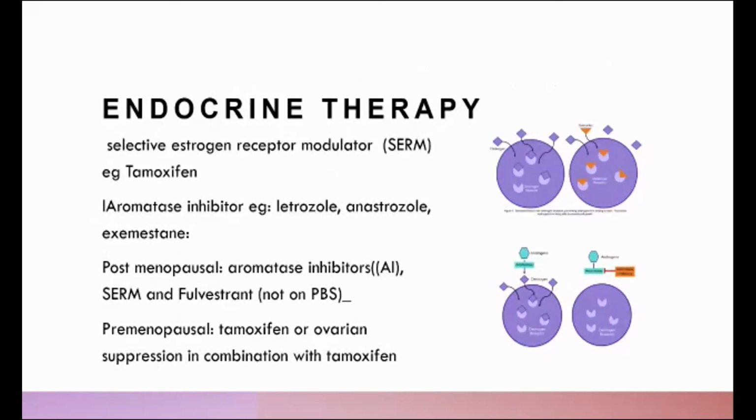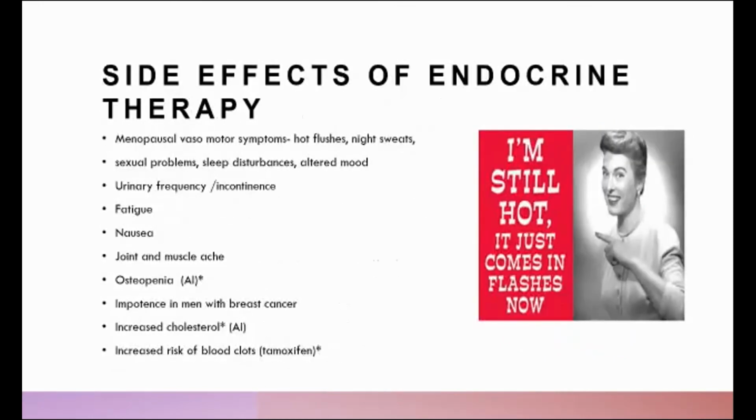Endocrine therapy: tamoxifen is generally used in premenopausal women, and aromatase inhibitors are used in postmenopausal women. There are many side effects of endocrine therapy, once again different from tamoxifen to aromatase inhibitors, but very frequently women experience menopausal symptoms.